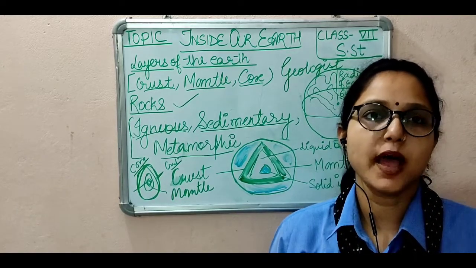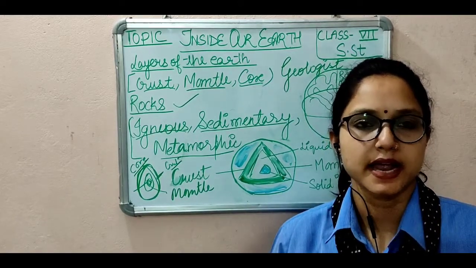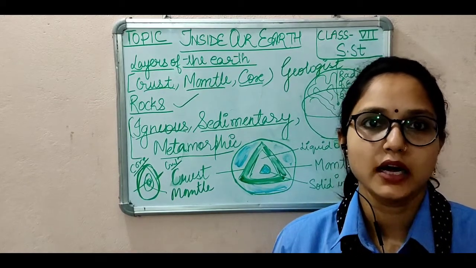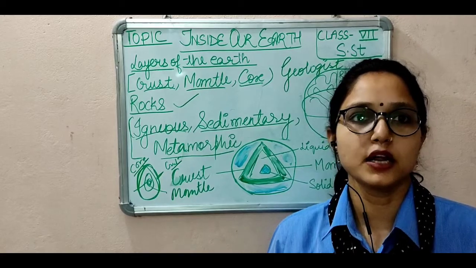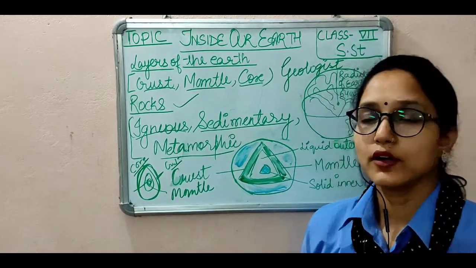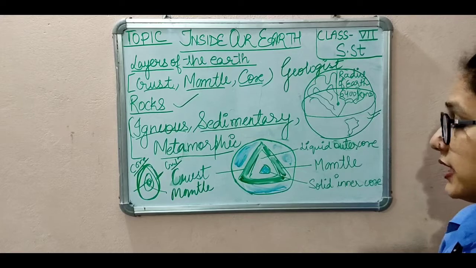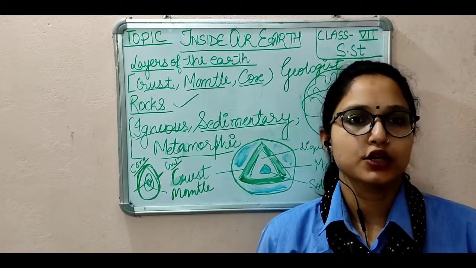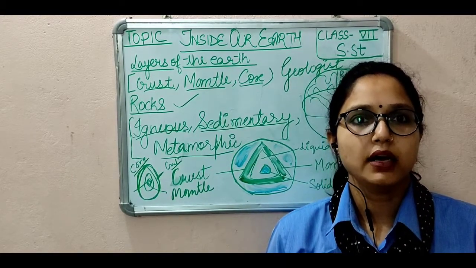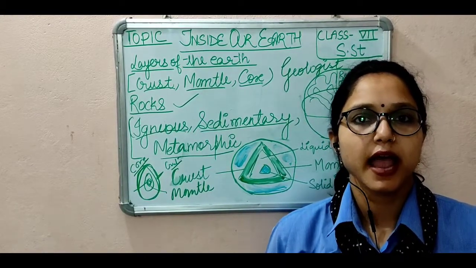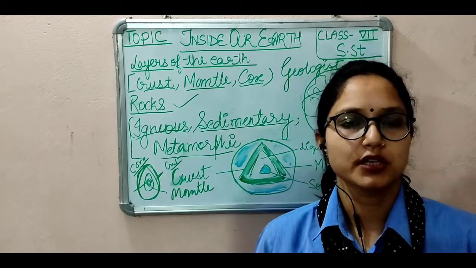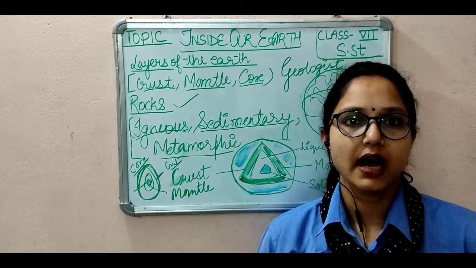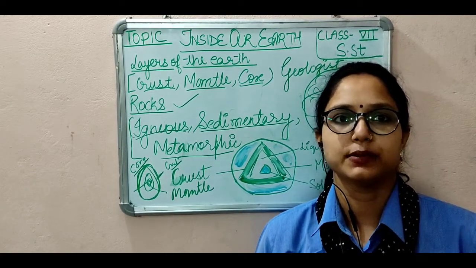With the help of an apple, you can better understand the layers of the earth. The crust is the thinnest layer, and under the oceans it is about 5 kilometers. The main minerals are silica and magnesium.